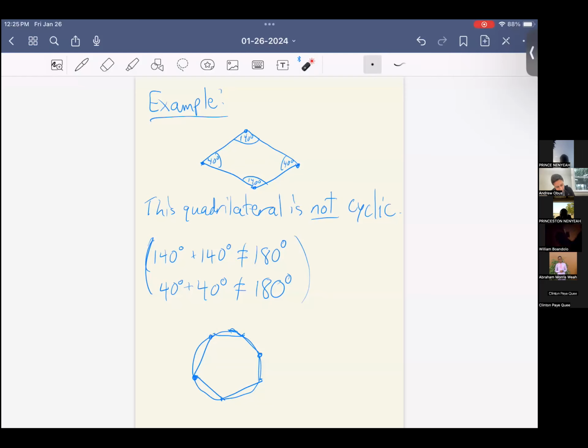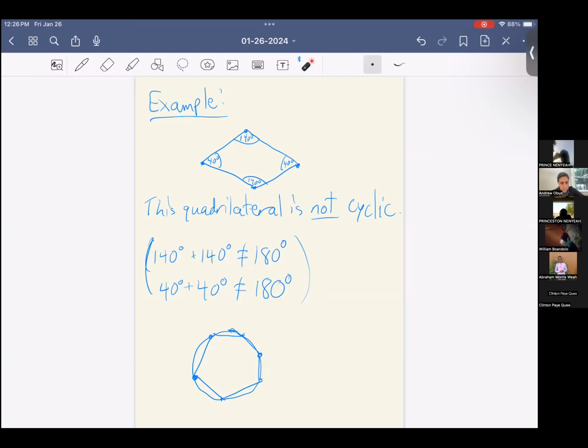So what you need to do is look at this angle plus this angle plus this angle, like the three here, they need to add up to half the total angle measurement of the hexagon, and this angle plus this angle plus this angle also need to add up to half the total measurement of the hexagon. And I think you might need even more than that. I think that might not be enough to guarantee that it's cyclic. I don't remember for higher polygons exactly what the condition is, but the conditions get more complicated the more sides you have.